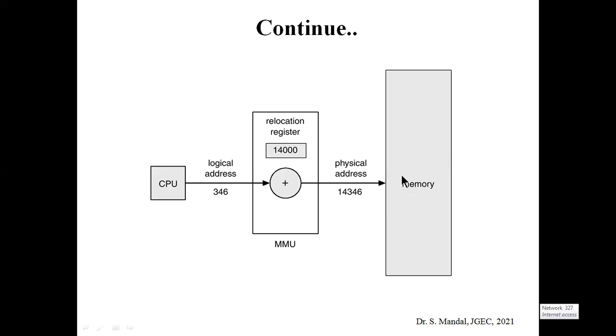So if the CPU wants to access the content of address location 346, it should be kept in mind that the CPU wants to access the content of memory location 14346 of the original RAM or main memory. So by using the MMU, we can convert the logical address to the physical address. That is the main difference.